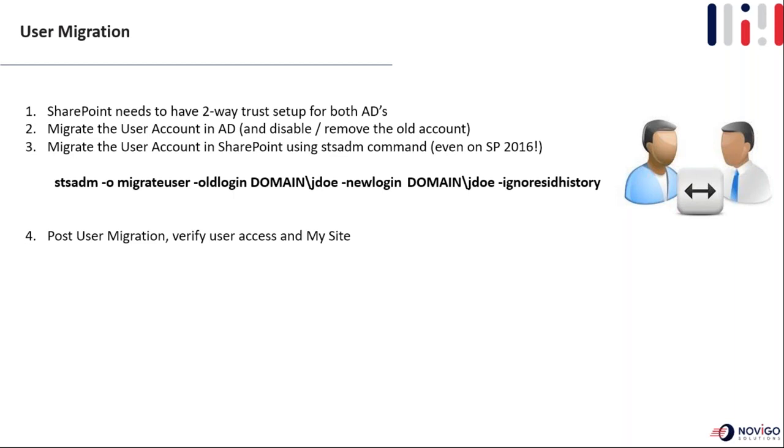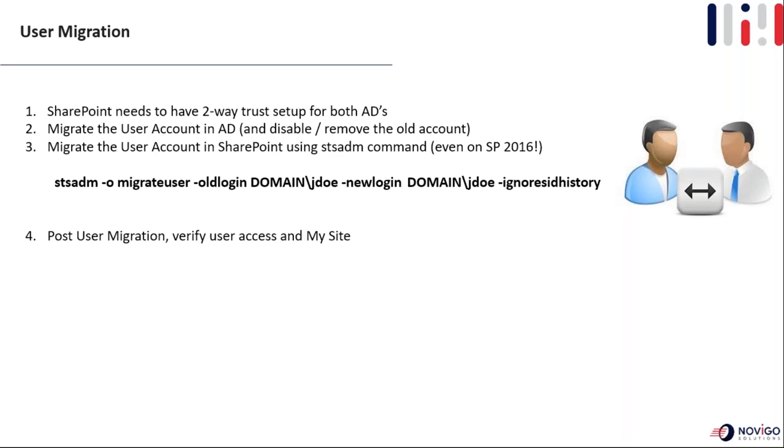Once you migrate the account in AD, you would want to migrate the user account in SharePoint using the STSADM command, even on SharePoint 2016. The command here is pretty simple. You just run STSADM -o migrateuser -oldlogin domain/username and -newlogin domain/username.